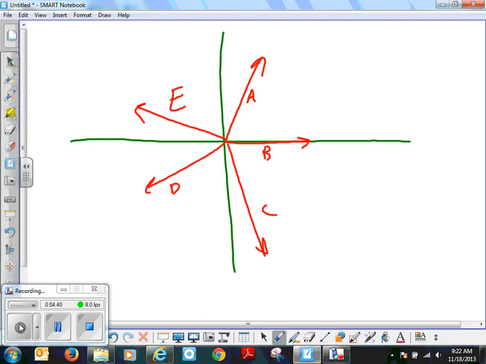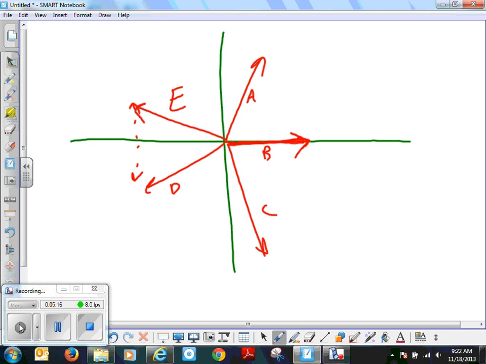How many have X components? 5. Don't forget this one, that's right on the line, that counts. So there's 5 there. If you put 2 together, which Y's would almost cancel out? E and D, right? Because this y is up in that direction about that high, this one's in that direction about that low, so those would basically cancel each other out, do you agree? Okay.